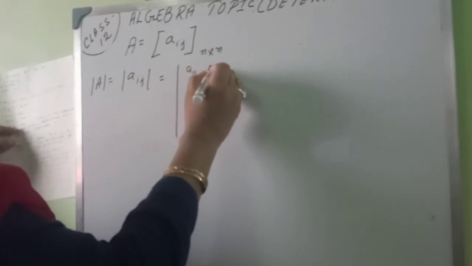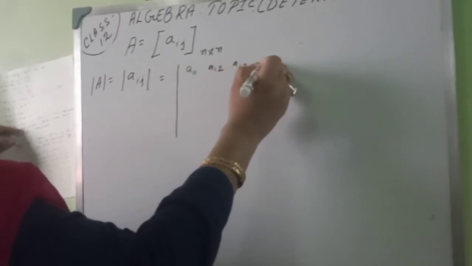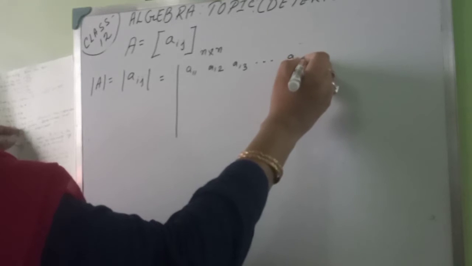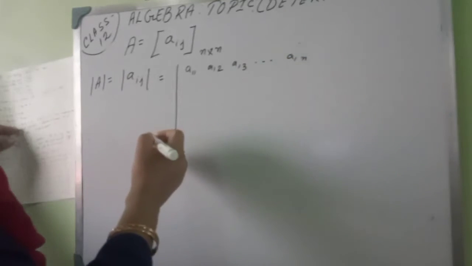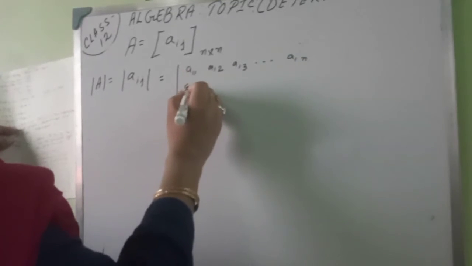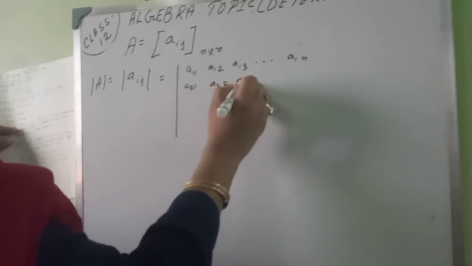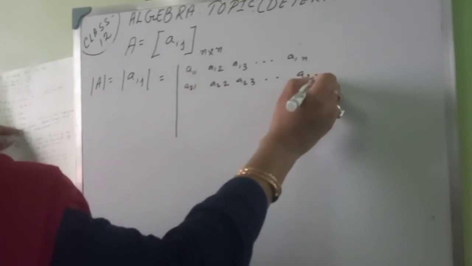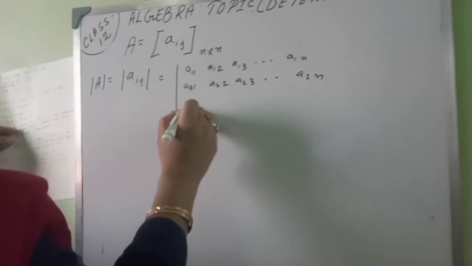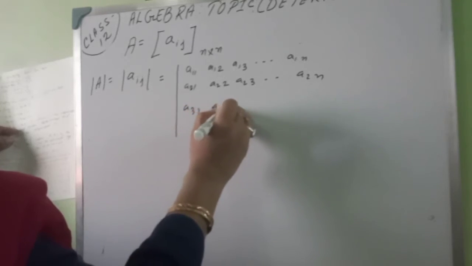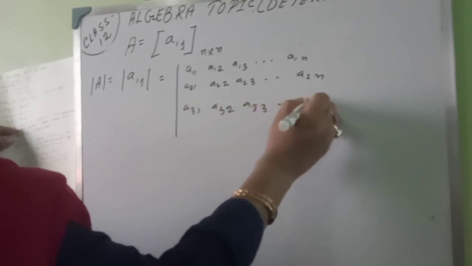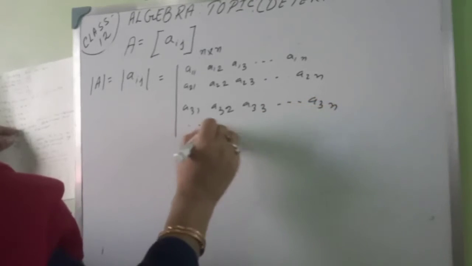So what will be the elements then? a11, a12, a13, a1n, a21, a22, a23, a2n, a31, a32, a33, a3n.